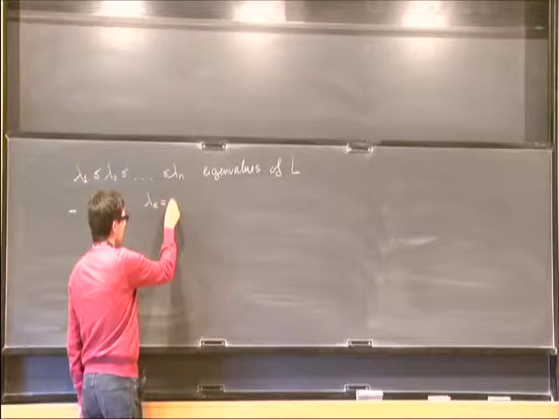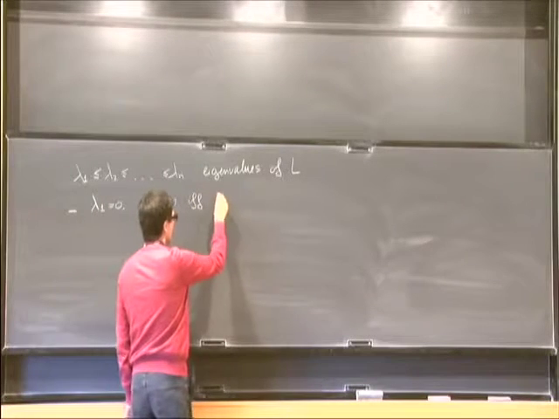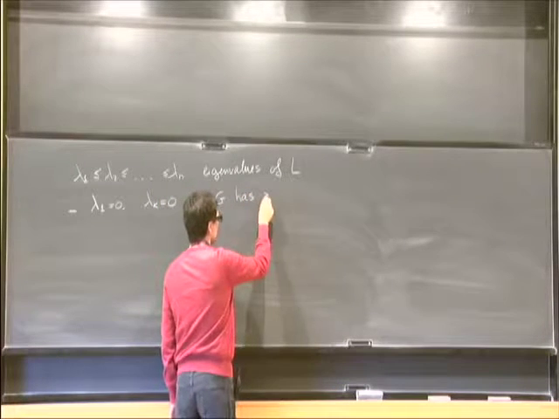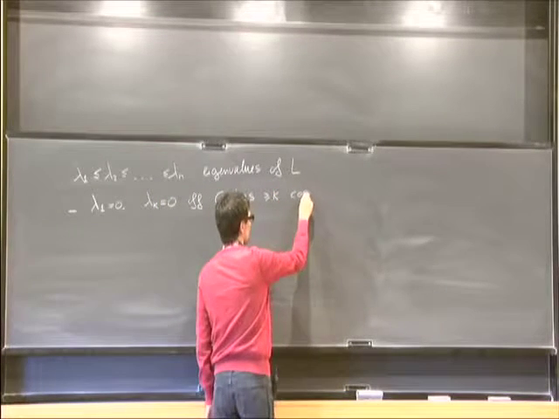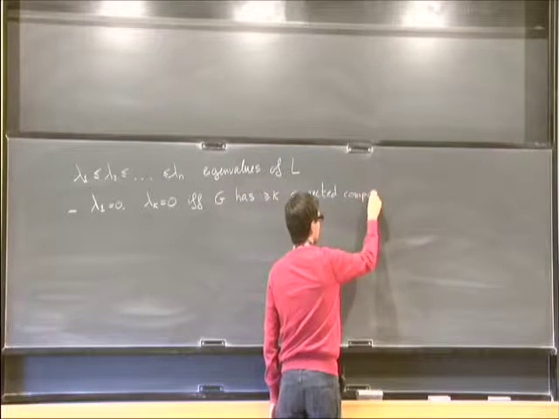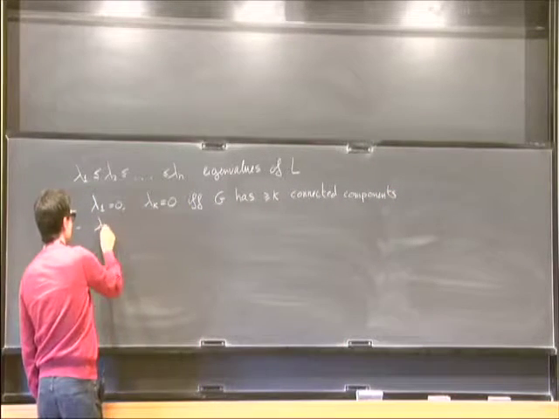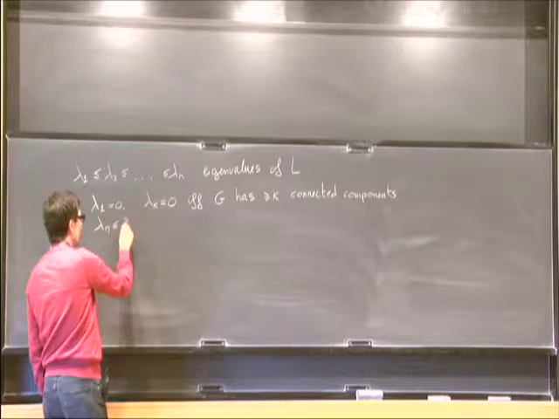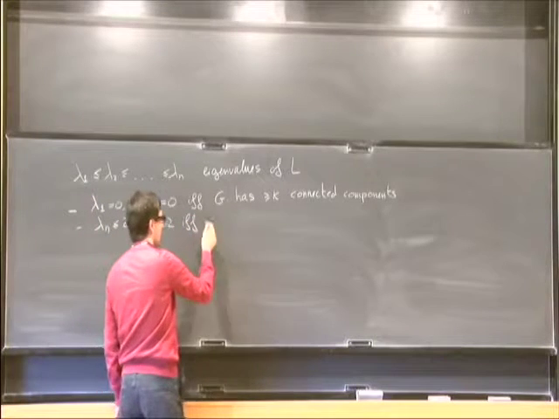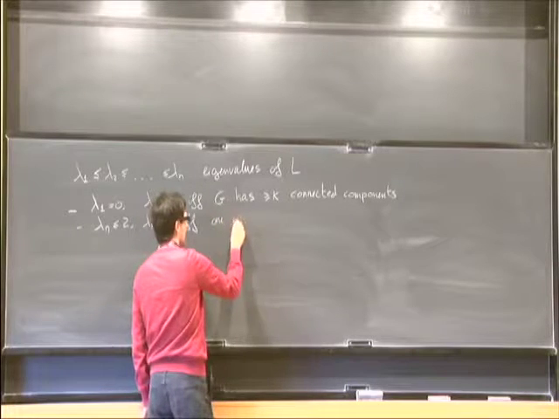But the multiplicity of 0 as an eigenvalue is precisely the number of connected components of G. And though this is a different story, it's also known that lambda n is at most 2, and that lambda n is 2 if and only if at least one of the connected components of G is bipartite.